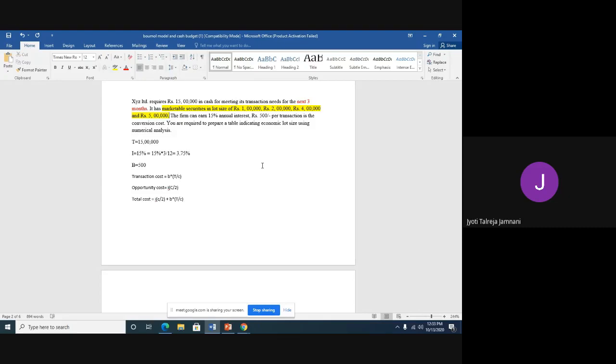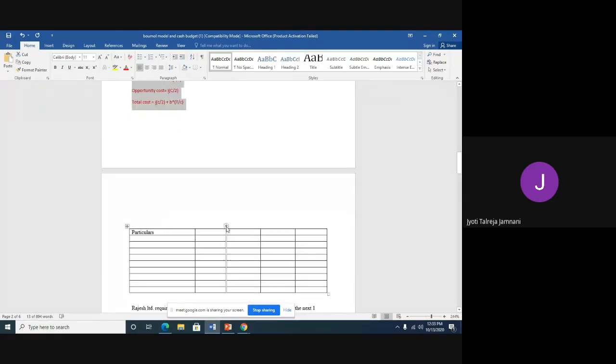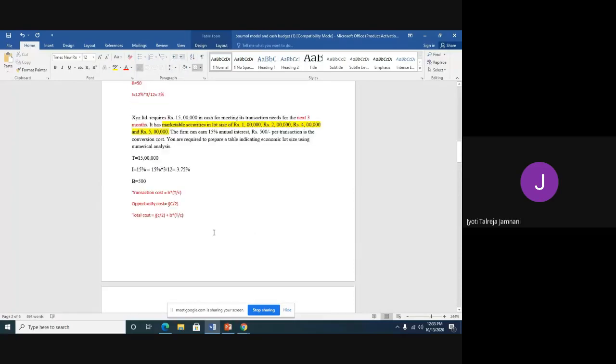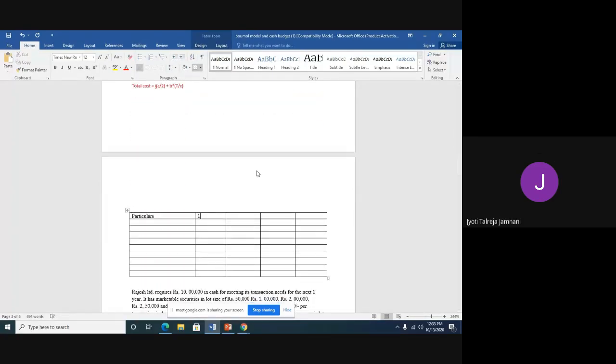Now when we do the tabular method, we still have to keep in mind these three formulas: the transaction cost, opportunity cost and total cost. So let us start. First, I will take all the C values that are given: 1 lakh, 2 lakh, 4 lakh and 5 lakh. Side by side you can also start solving because I'm doing it hands on here.